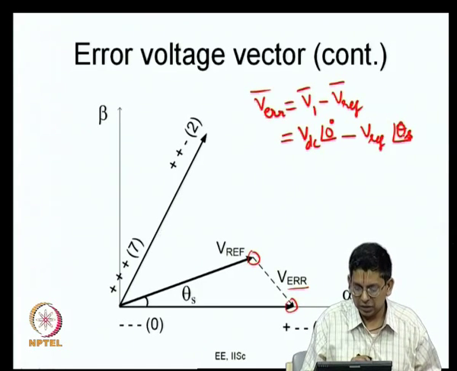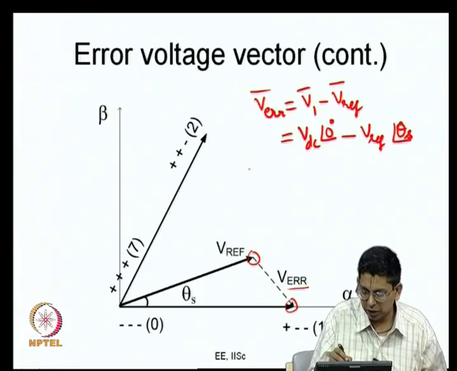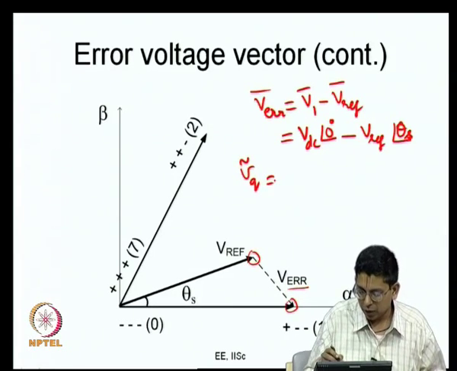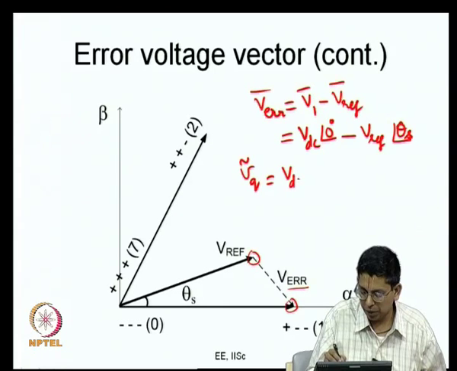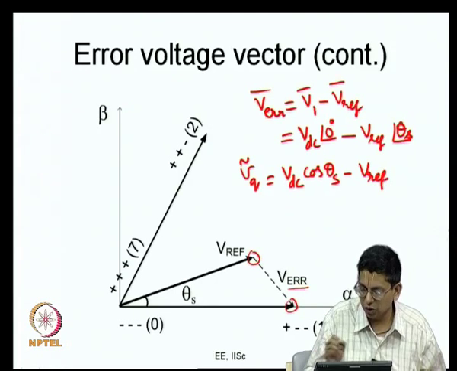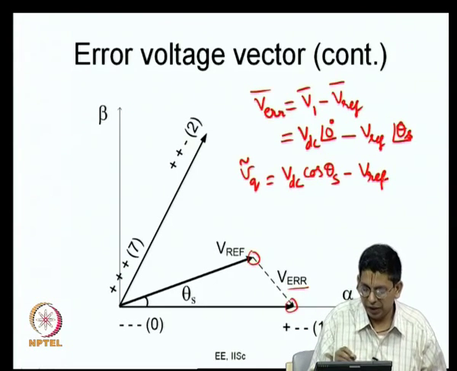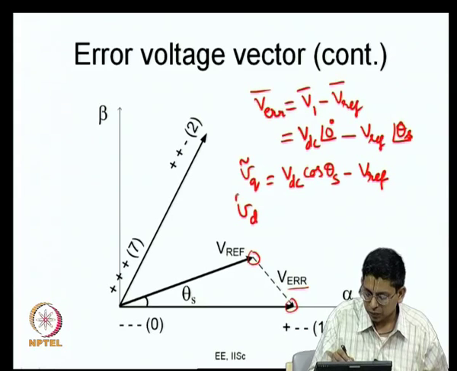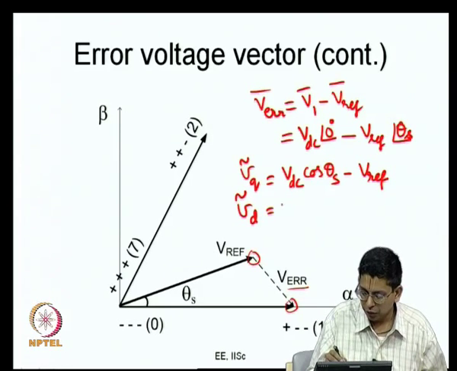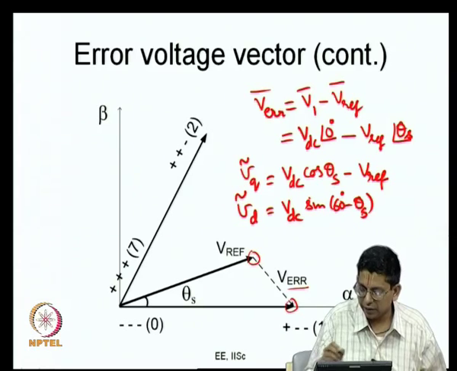So, I can write this in the DQ reference frame also. If I take VQ tilde, what is VQ tilde? It is going to be VDC times cos theta s minus V reference. This is your VQ tilde. And what is VD tilde? There is VDC, instead of cos, it is going to be sine of 60 degree minus theta s.